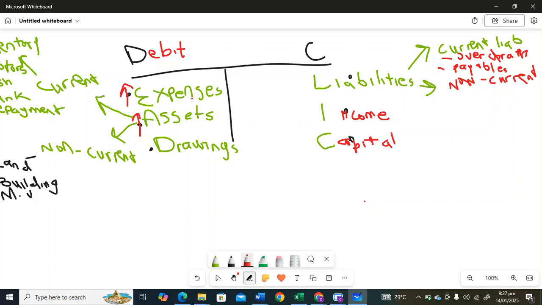If there is any drawings in that transaction, you're going to need to debit drawings. The reason why drawings is debited is because drawings reduces capital. Capital increases with credit, drawings reduces capital. So if it's reducing capital and capital increases with the credit, it means that it has to be on the debit side.